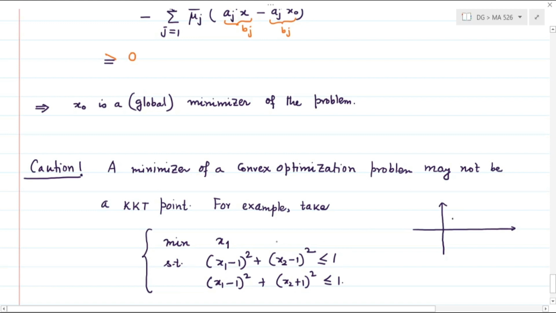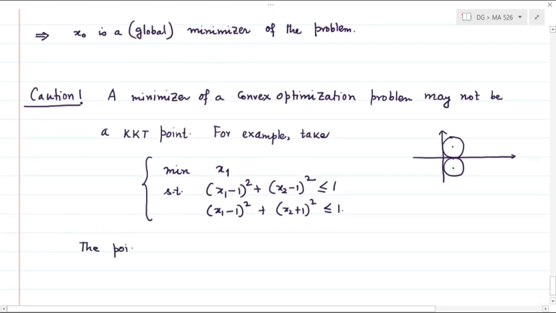Now, what is the feasible region here? The first inequality says the inside region of the circle centered at (1, 1) with radius 1. So this is the first circle, and the second inequality says it is the circle having center at (1, minus 1). Fine. And therefore, what is the feasible point?